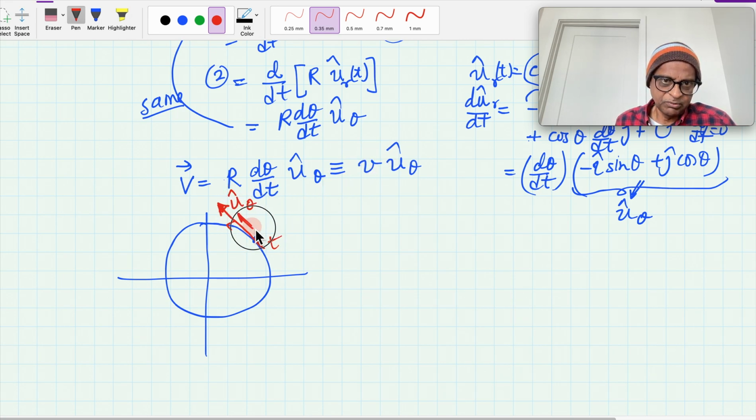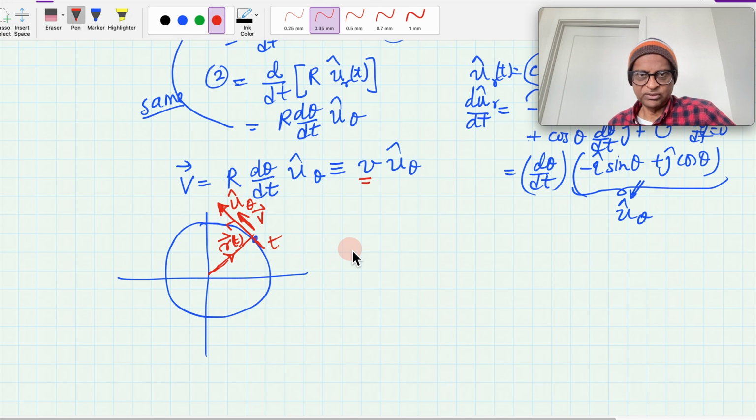So this is the direction in which the velocity vector is pointed. Now the position vector was pointed in that direction at time t, but the velocity points in that direction and has the speed v, and everything's hunky-dory here, right?